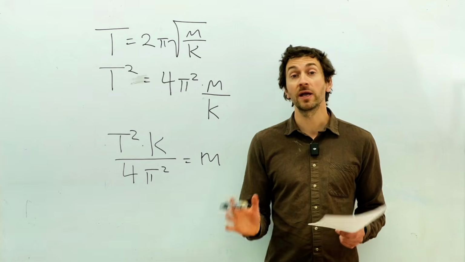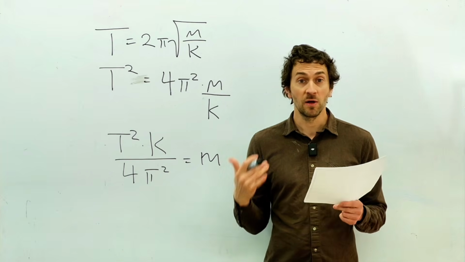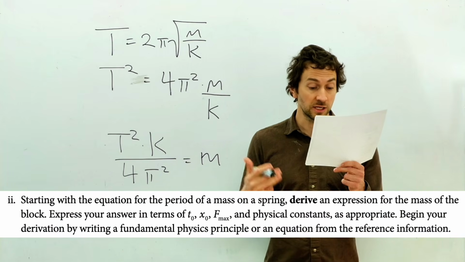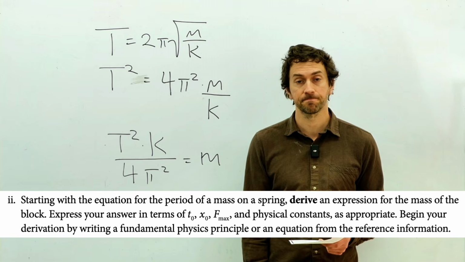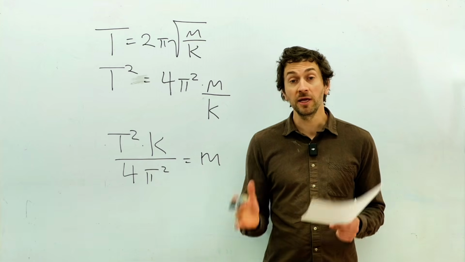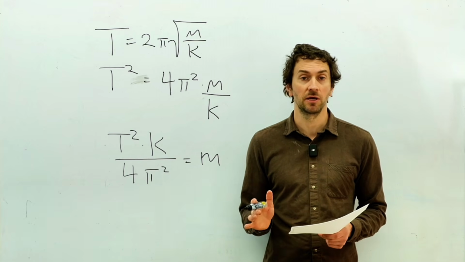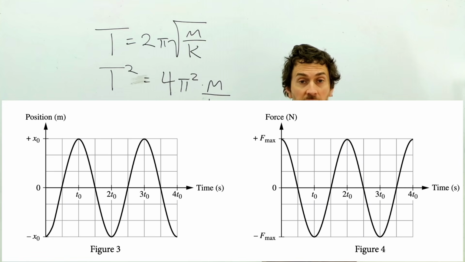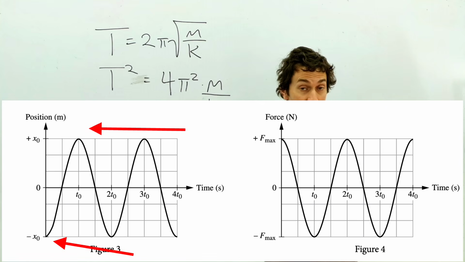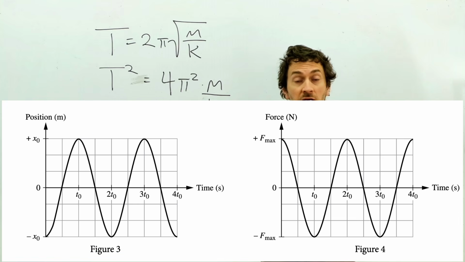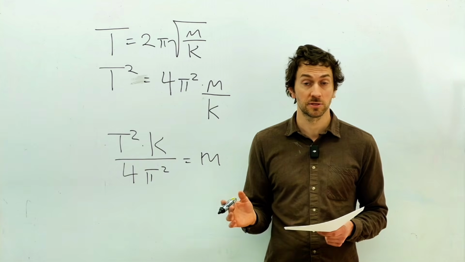Now, I'm not quite done. I need to say a couple of things. They want us to write it in terms of T naught, X naught, and F max. So the period is not quite the same as T naught. If you look on the graph, you'll see T naught is the time it takes to go from the left side to the right side. So the period is going to be 2 times that.